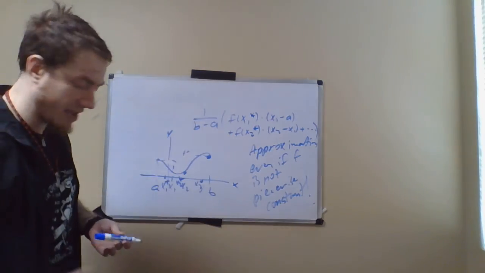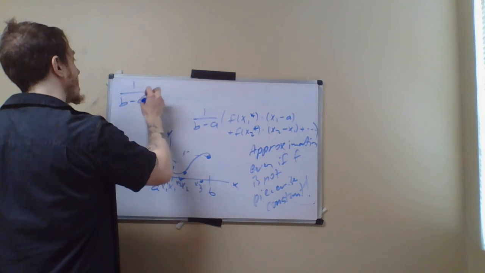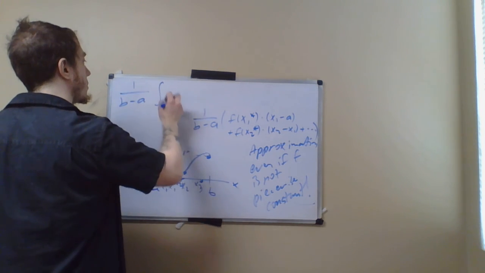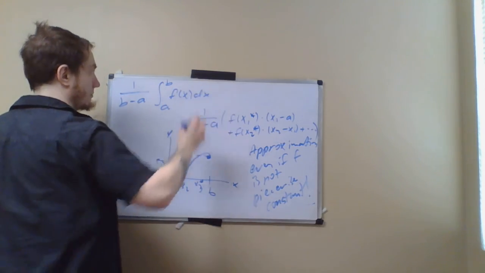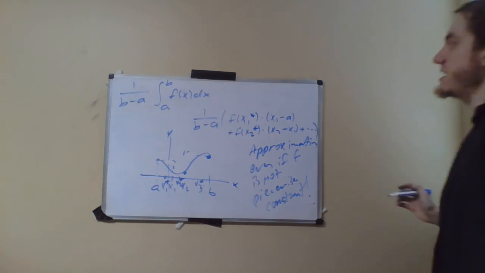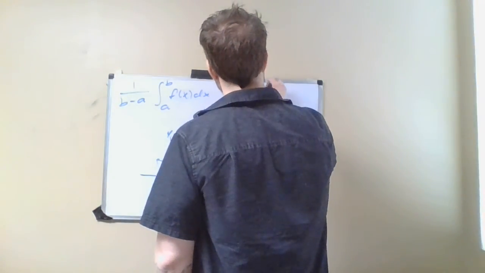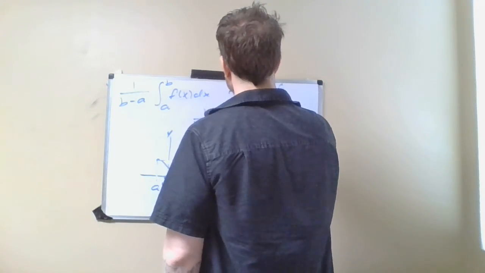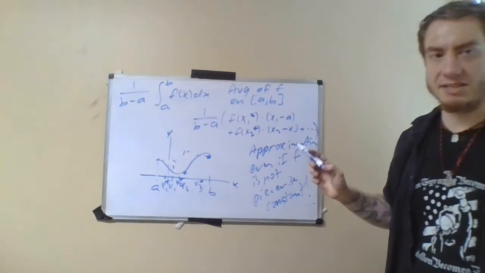And so what we end up with is 1 over b minus a times the integral from a up to b of our function. And we define this to be the average of f on the interval from a to b, assuming it exists.